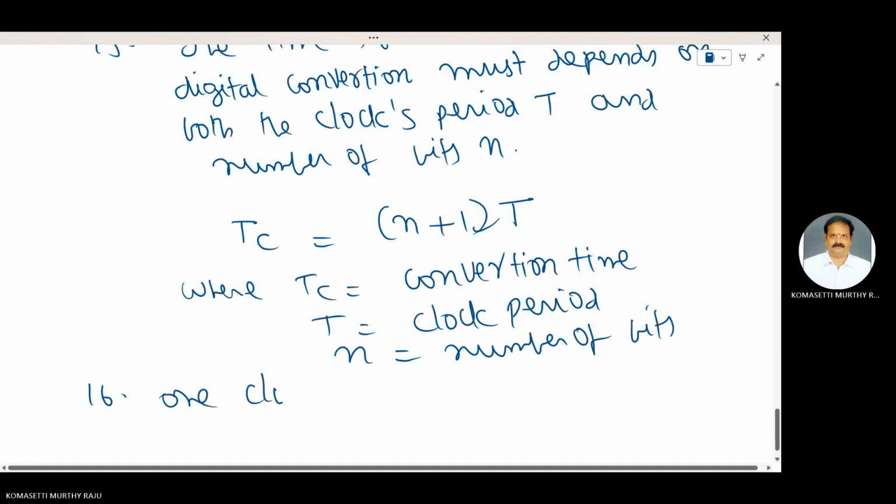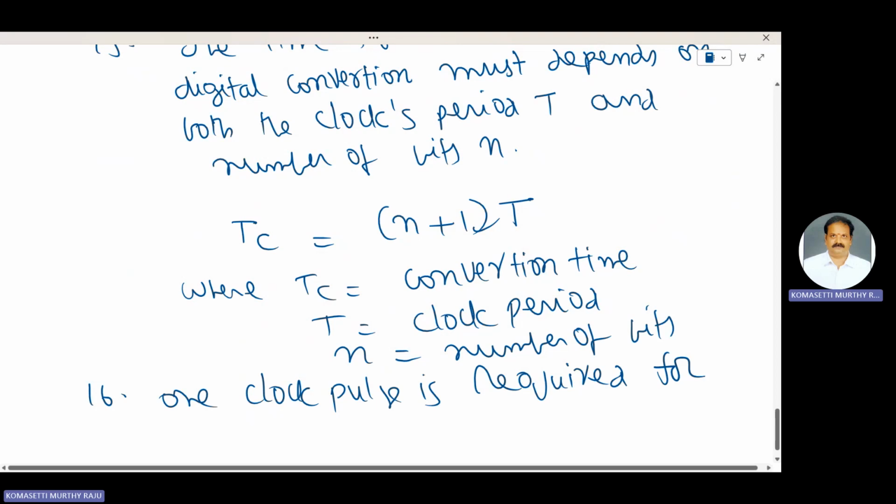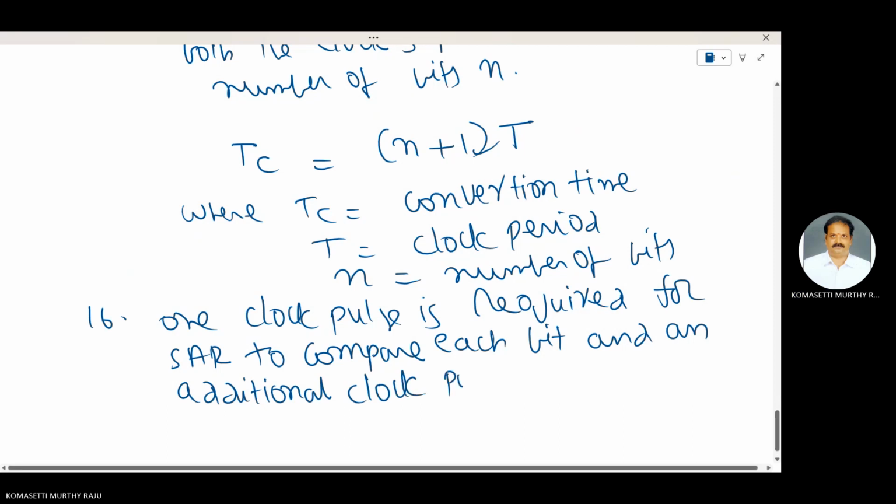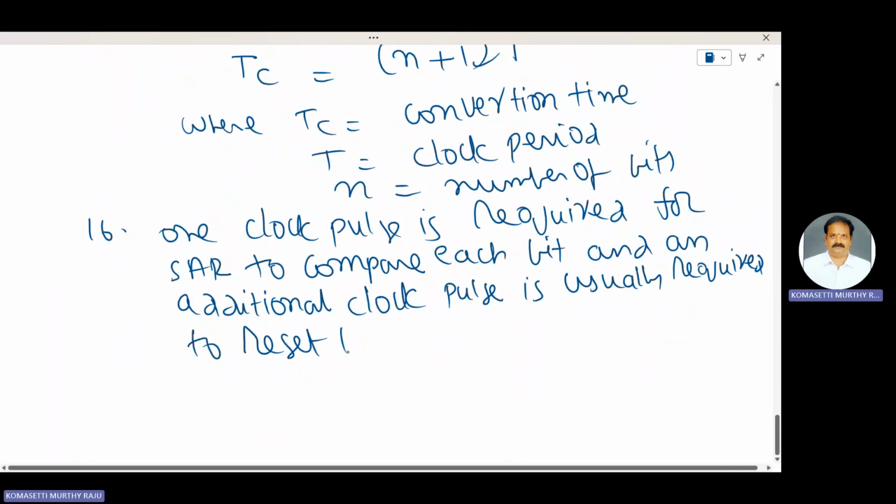Next, one clock pulse is required for the SAR to compare each bit, and an additional clock pulse is usually required to reset the SAR prior to performing conversion.